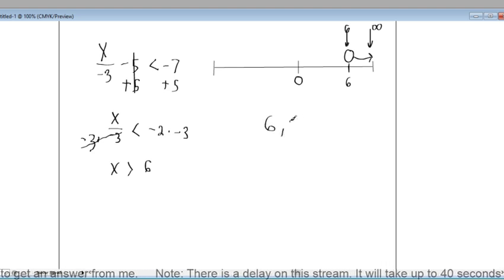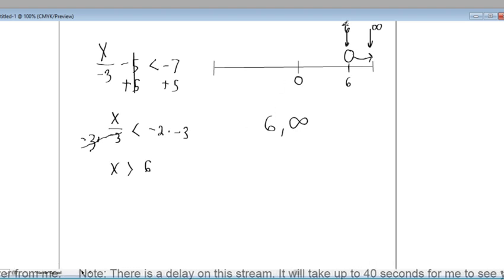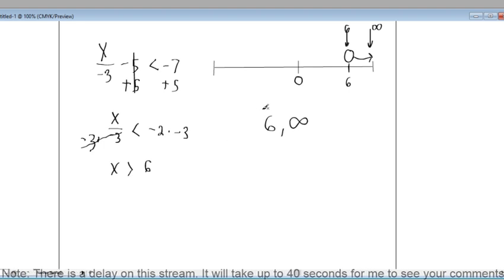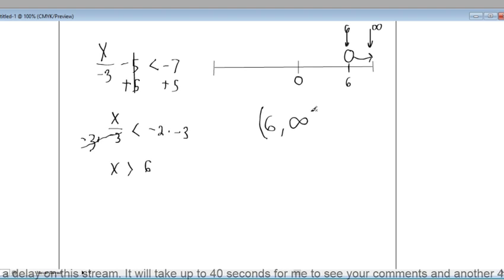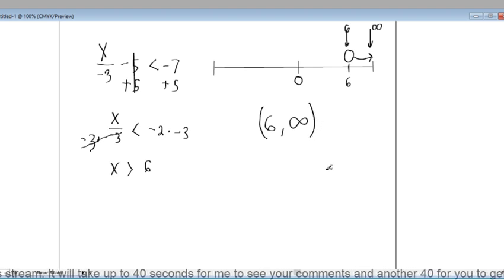End point is at positive infinity. We cannot include 6 because it's not equal to. So we have to use a parenthesis around it, and we can never reach infinity. We can never be equal to infinity. So again, we use a parenthesis around that.